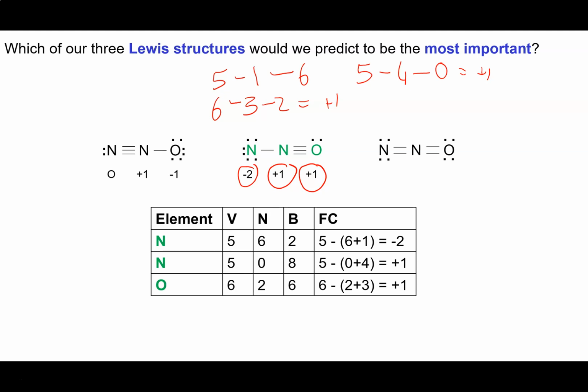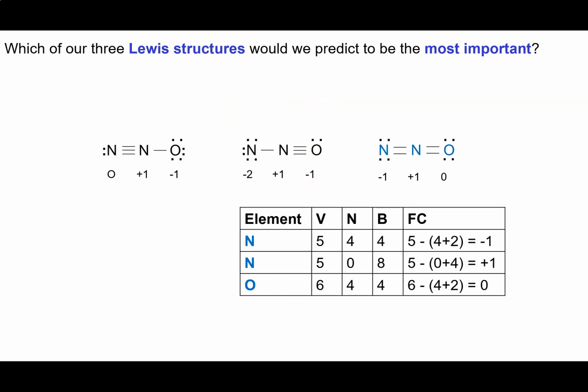Now I move on to the third one. Nitrogen on the end there, 5 minus 1, 2 bonds. So bonding electrons on 2 is going to be 2 minus 1, 2, 3, 4 non-bonding electrons. 5 minus 6 gives me minus 1. Okay, and then the next nitrogen, 5 for the group number for the valence electrons. 1, 2, 3, 4 bonds.